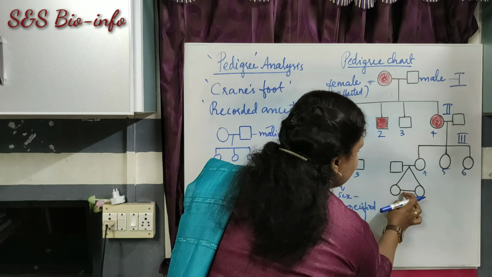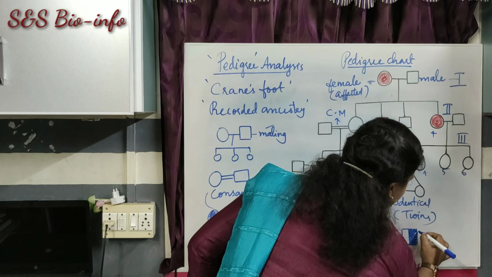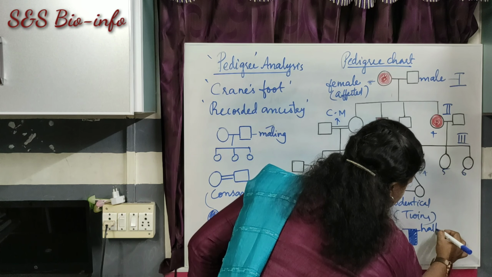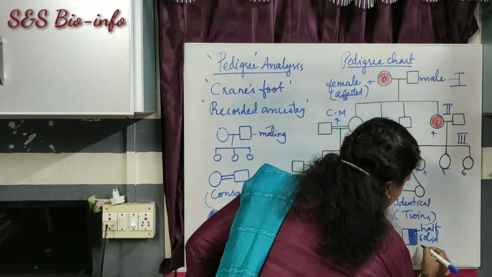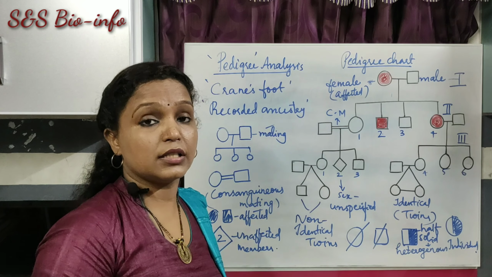Okay. In some other cases, in the case of heterozygous condition of the gene, a half solid portion can be seen. Half solid square and half solid circle also. It represents a heterozygous individual for a recessive trait.